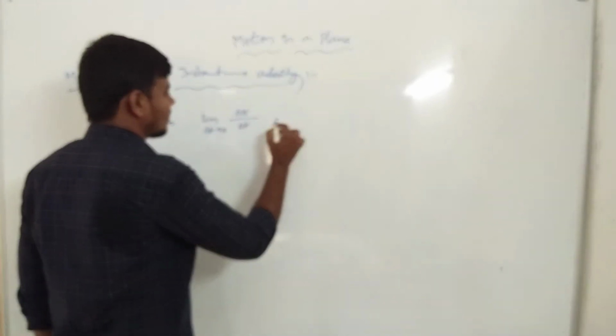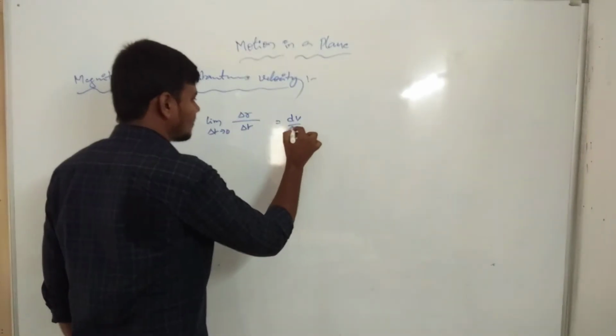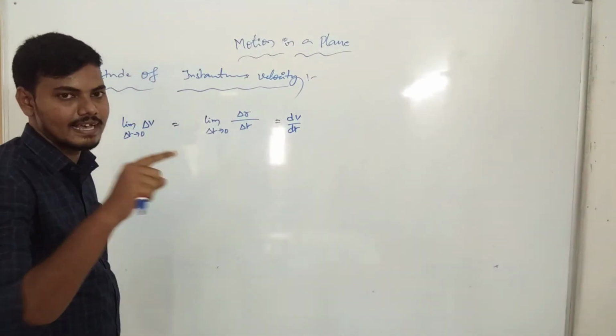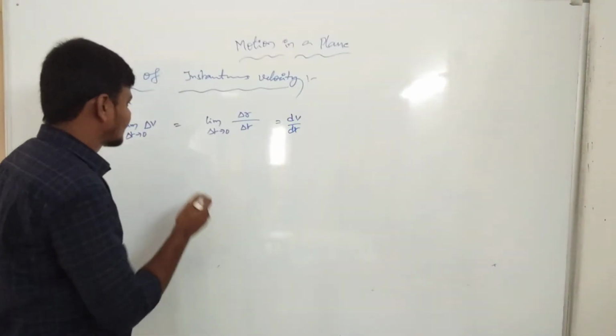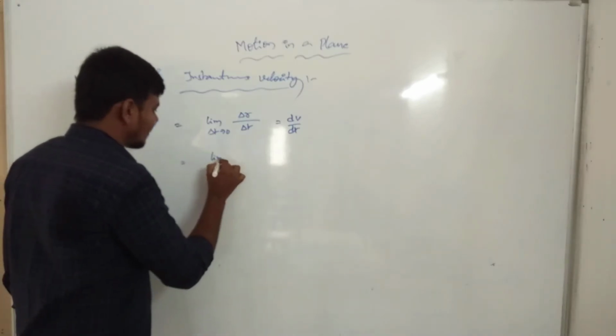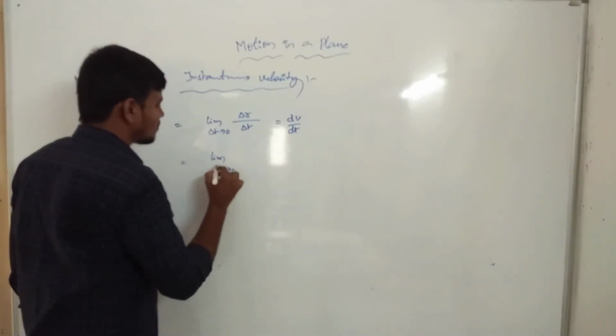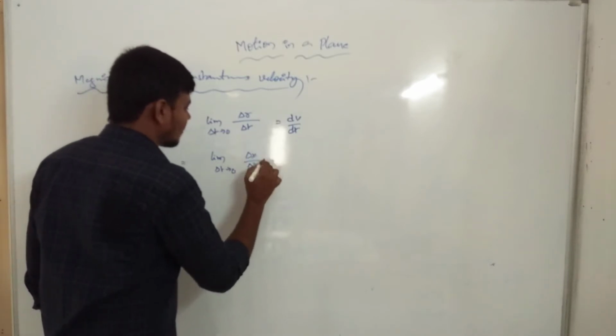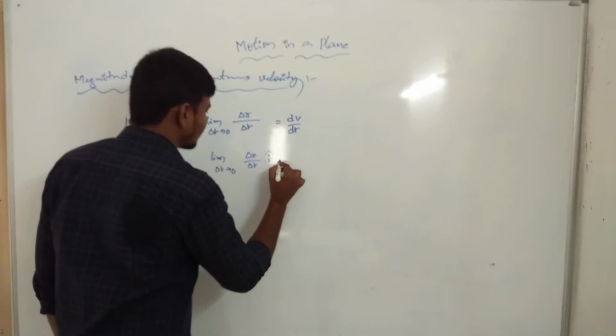Clearly, we know dR by dt. There are two components, along the x-axis and the y-axis. For the x-axis representation, the limit as delta T tends to 0 of delta x by delta T into i cap.